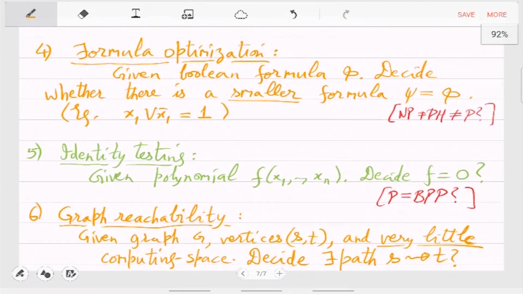Say the graph size is n. If you have done algorithms, you know that this reachability problem can be solved using depth first search or breadth first search. That is how you do it in practice. But that requires how much space? N space.